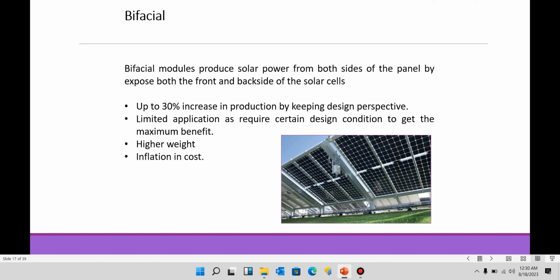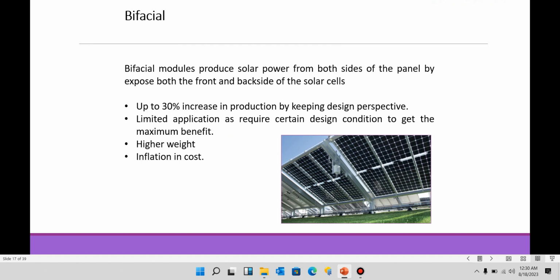But it has limited application, because it requires certain design conditions to get the maximum benefit from the bifacial module, which we will discuss at a later stage or in later videos.